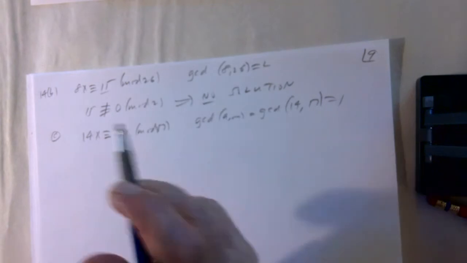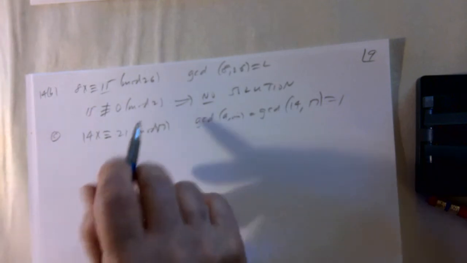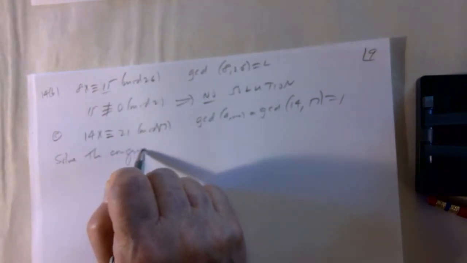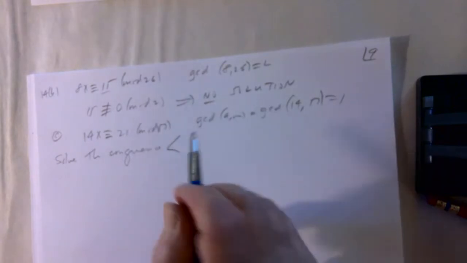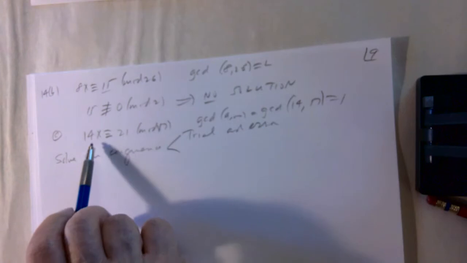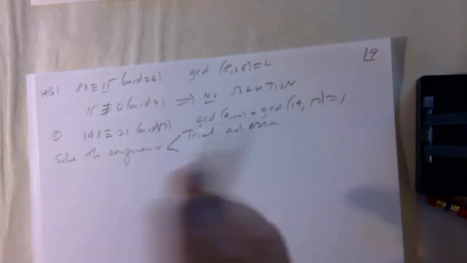And how to find it is a little bit hard. So solve the congruence. So one way to do it is just trial and error. Start trying all the different values of x until you get a solution.